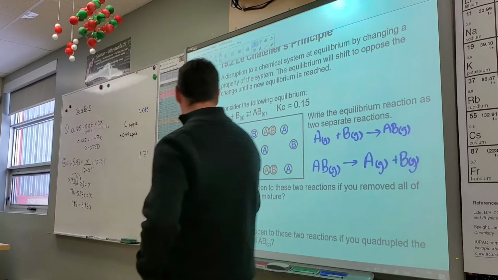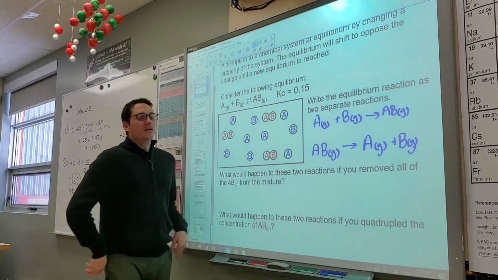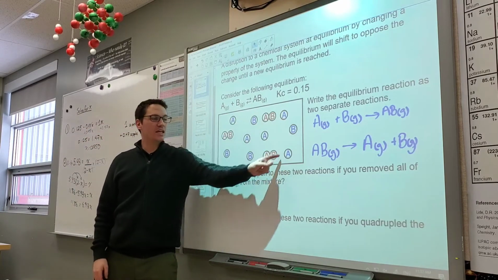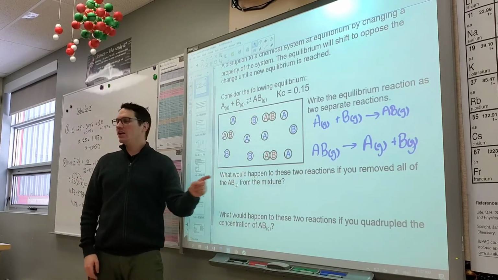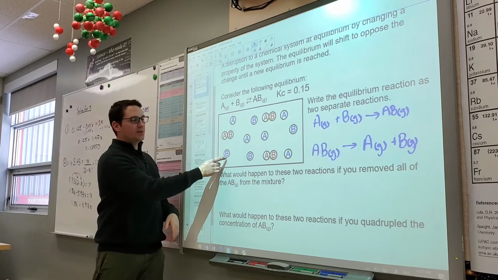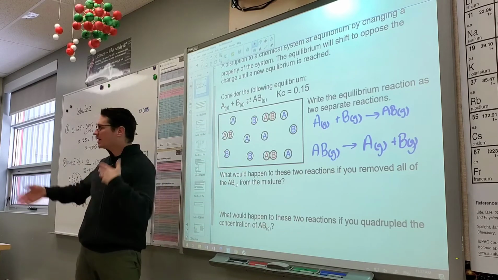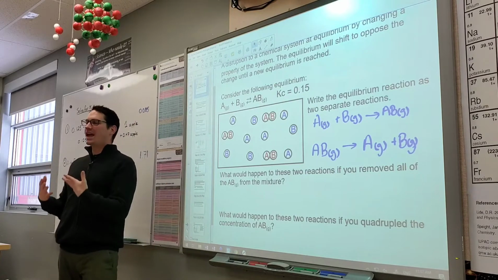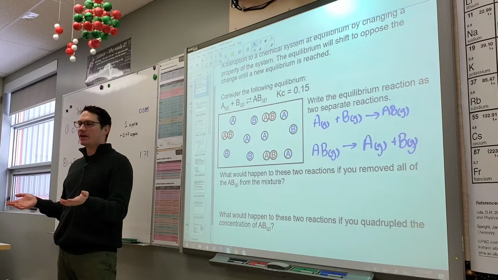Okay. Now, once equilibrium is established, this system is at equilibrium. Here's a container, and we've got A's and B's, and we've got AB's, and they're all mixed together. Now, I can't draw a dynamic equilibrium. I need you to understand that, right?